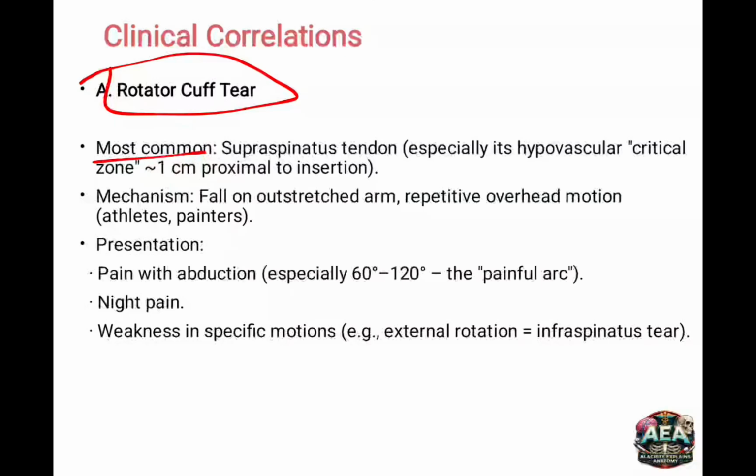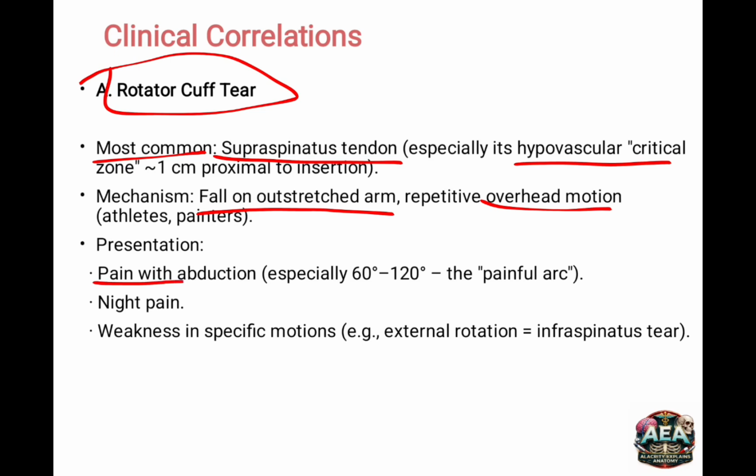Here basically what happens is that the supraspinatus tendon is torn, especially in the hypovascular or critical zone, which is 1 centimeter proximal to the insertion point, and this can result from a fall on an outstretched arm or from repetitive overhead motion in people like athletes and painters, whose jobs involve consistent abduction that leads to overhead motion of the arm. So how does this condition present?